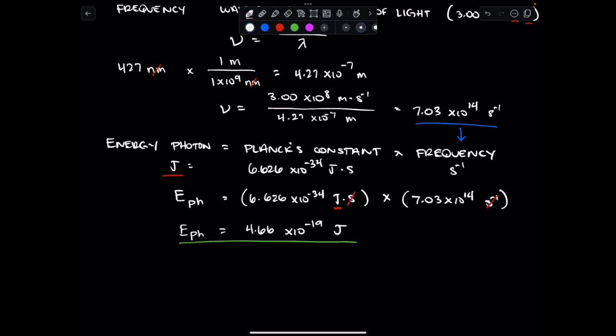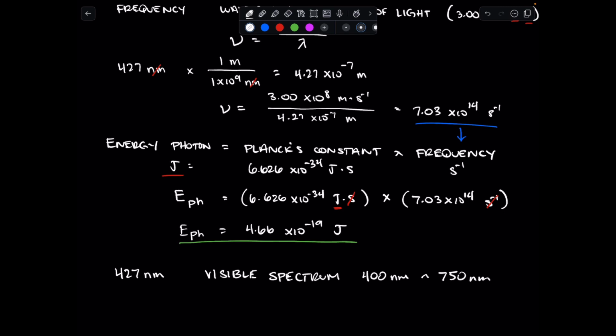From up above, again, we have 427 nanometers. The visible spectrum of light, those colors that we can see, goes from about 400 nanometers to about 750 nanometers.